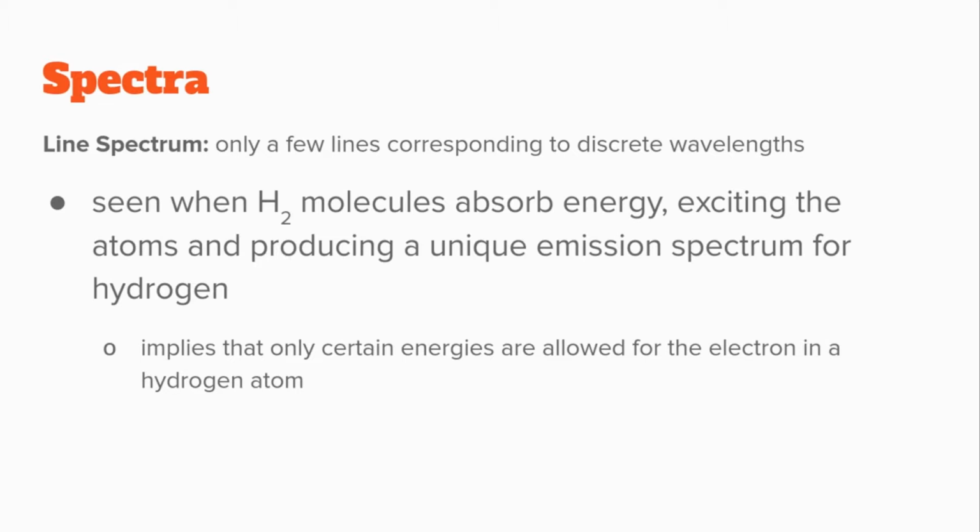Each element will have a unique spectrum because the electrons within that element are at different energy levels and there are different amounts of electrons. So what this discovery meant to scientists at the time was that there were only certain energies that are allowed for an electron. They can't be anywhere in space. They can only be in certain energy levels.